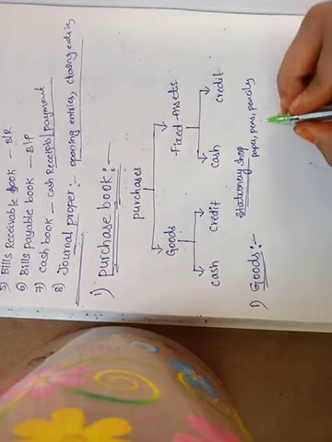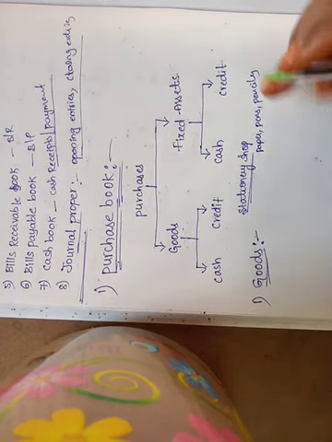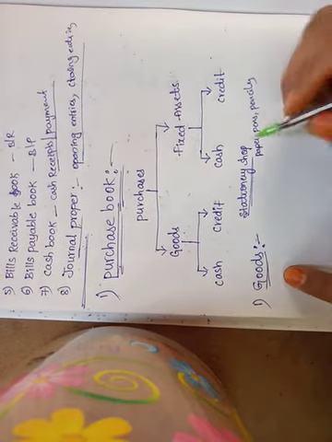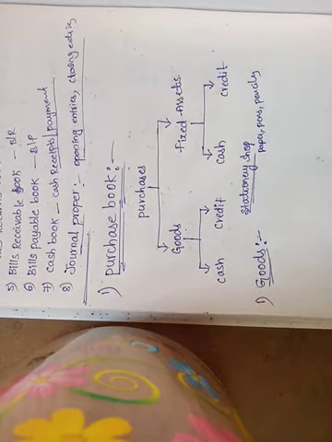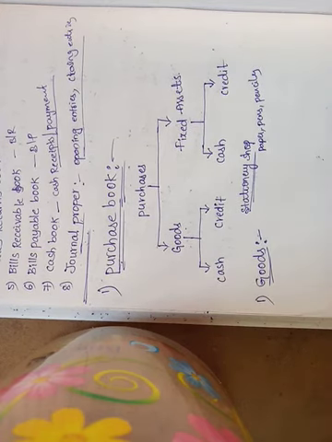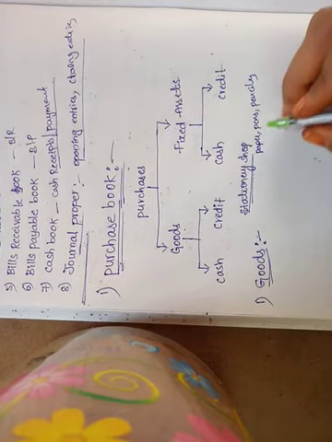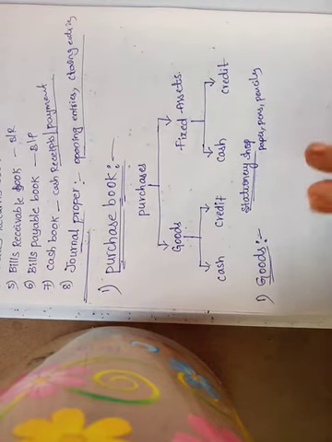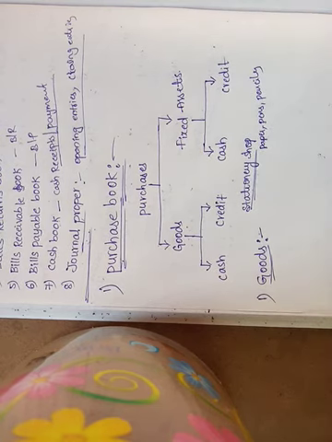The products which we are going to sell to the customer are known as goods. Means I'm purchasing these products and again reselling them. So this is the meaning of goods.